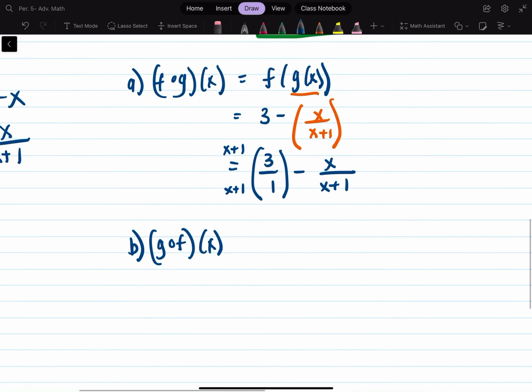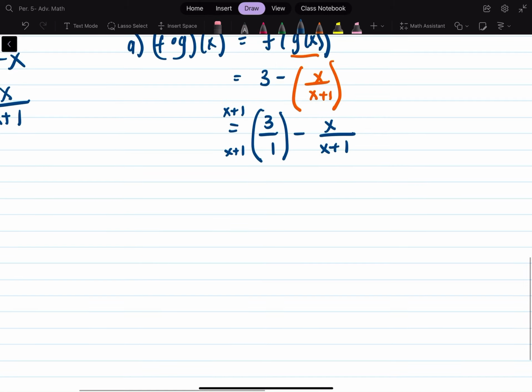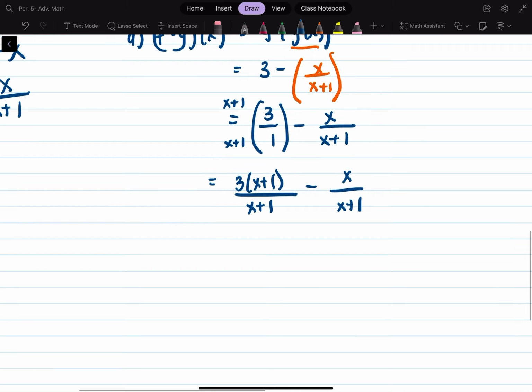So I am running out of space here. I'm going to erase this and then just put it off to the side after. So this will be 3 times x plus 1 over x plus 1 minus x over x plus 1. Now I have my common denominator, so I can go ahead and just write it as 1 fraction bar, and then this will distribute out here.